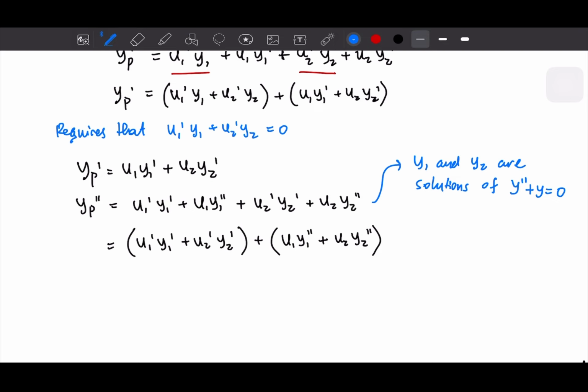So we can say that y1 double prime needs to be equal to negative y1, and y2 double prime needs to be equal to negative y2. Okay.